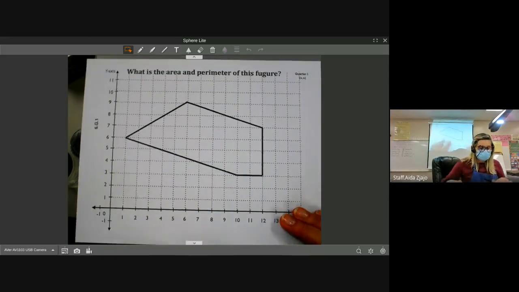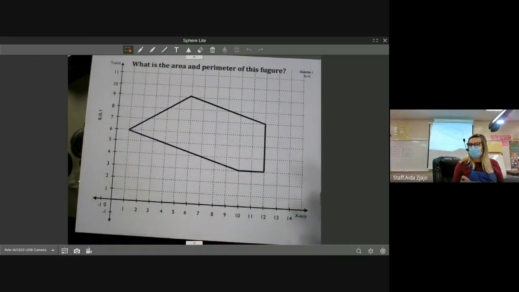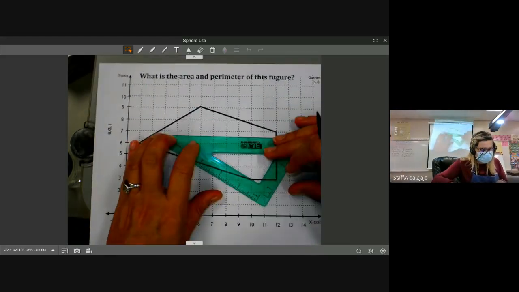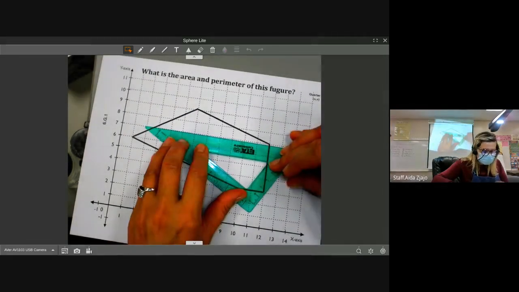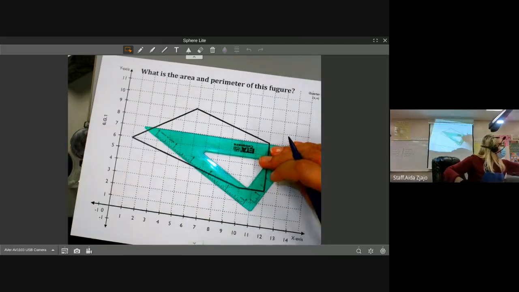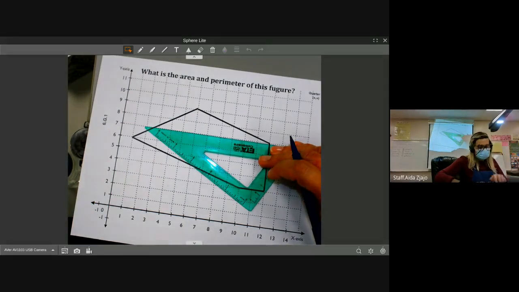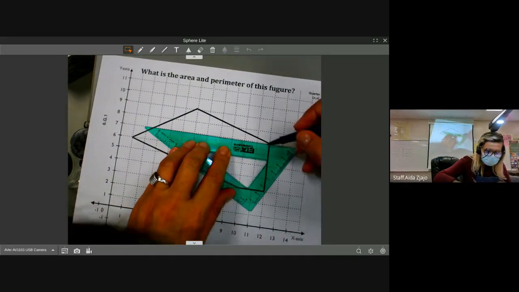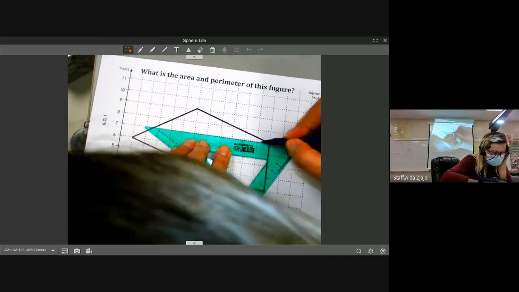So as I observe, do I have all tiles of equal size? No. So the inside method would be to figure out how many whole tiles I have.